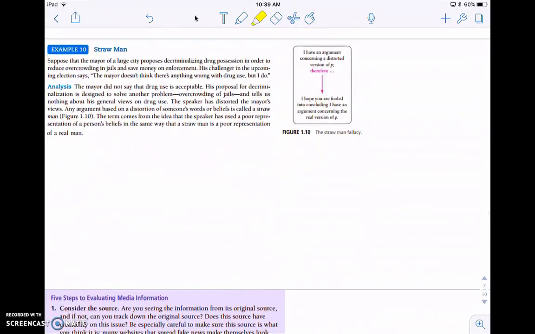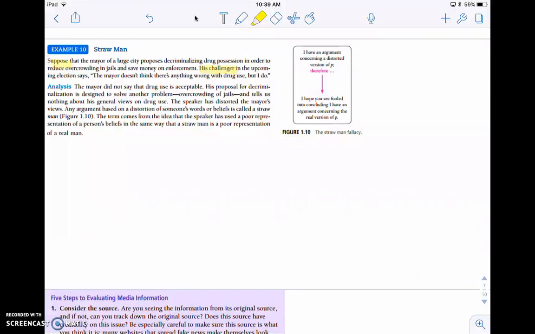Okay, the last one we're going to look at is the straw man. Suppose that the mayor of a large city proposes decriminalizing drug possession in order to reduce overcrowding in jails and save money on enforcement. However, and this usually deals with a couple individuals or groups, a challenger for mayorship in the upcoming election says the mayor doesn't think there's anything wrong with drug use, but I do.